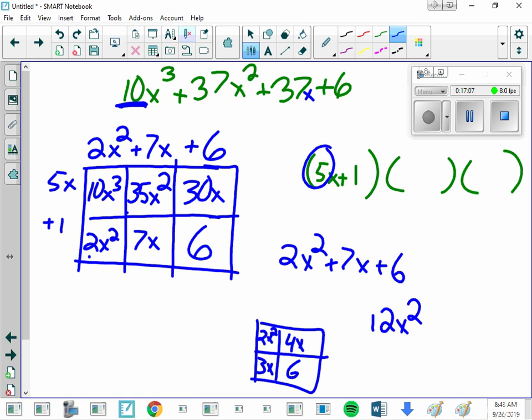What does the top row share? 2 and an x. 2x. And if I pull a 2x out of the top row, I get x plus 2. And if I take an x out of the first column, I get plus 3. The factors for this are the original 5x plus 1, 2x plus 3, and x plus 2.